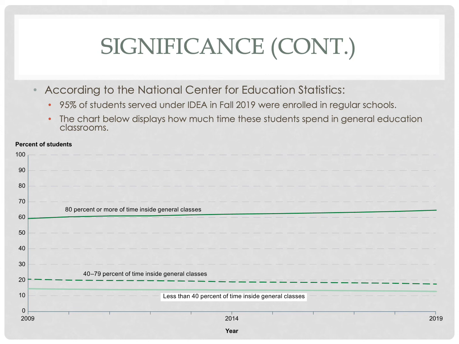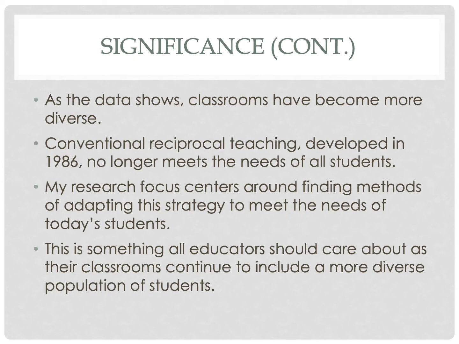So their accommodations for these students do need to be considered. So that just kind of sums that up as well. That, again, conventional reciprocal teaching is no longer meeting the needs of all of our students since our classrooms are becoming much more diverse than they used to be.